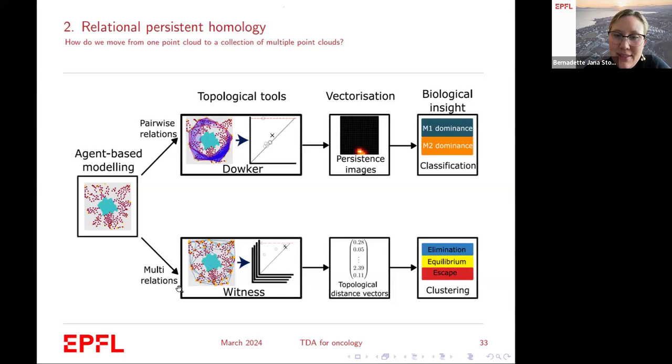The second method that we used was looking at multiple relations at once, so not just pairwise relations, and is based on the witness complex, where we construct different filtrations per cell type that we have in these images, and then construct topological distance vectors, which we can then cluster. So I'm going to go into more details of the methods now.